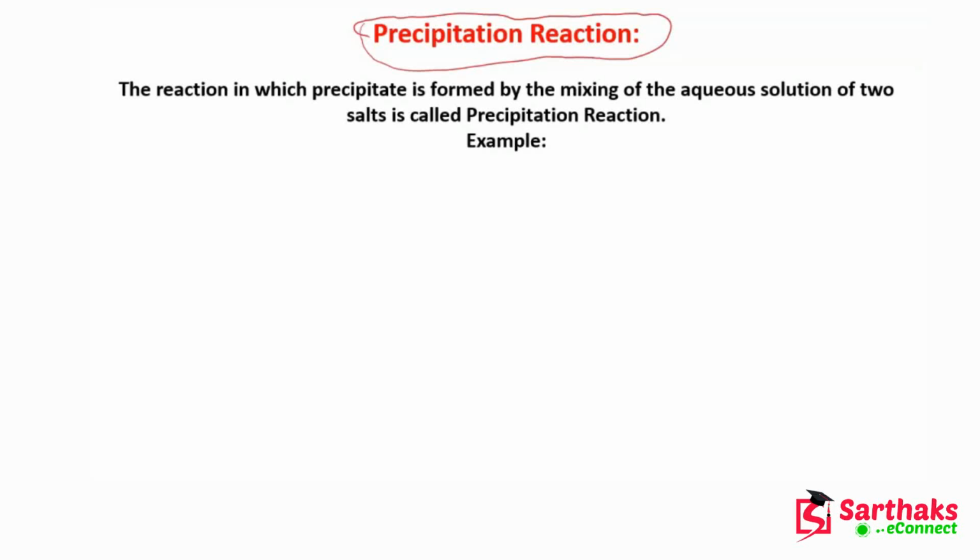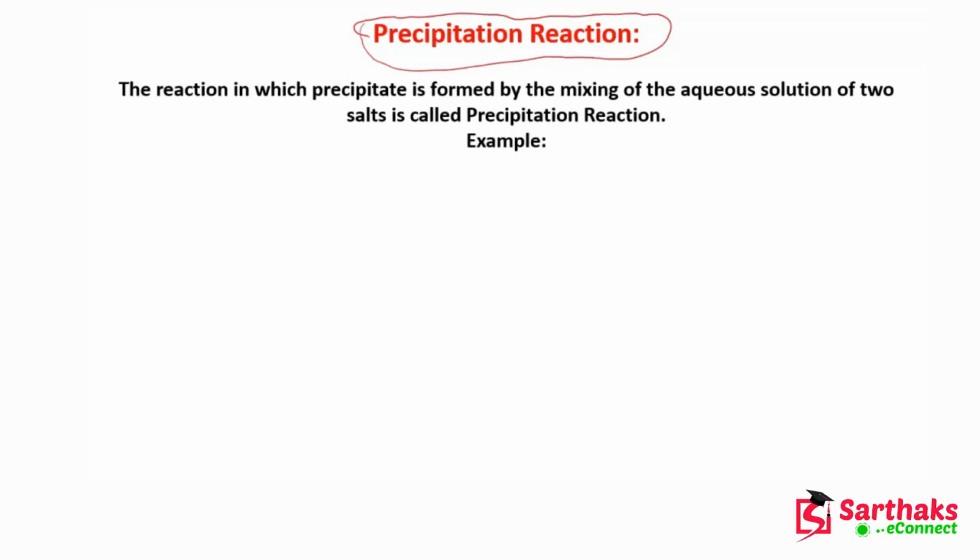Now in the third, we studied displacement reaction, where one element was displaced. And we have just seen double displacement reaction, where there is an exchange of ions, or two elements were displaced, or they exchanged their positions.